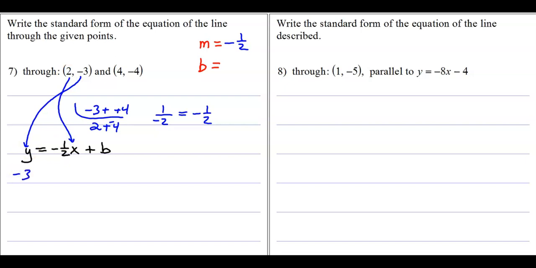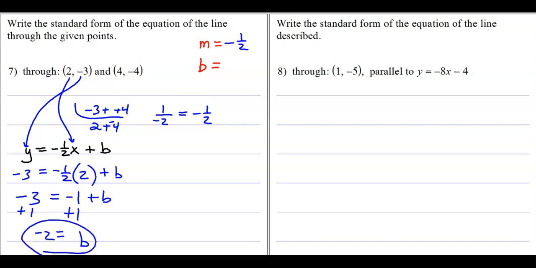So that's -3 equals -1/2 x plus b. And this cleans up pretty nice. -3 equals -1 plus b. Then we're going to add 1 to both sides. And again, I'm talking kind of quick here, but you can pause the video in between steps. But the correct answer for my intercept is -2.